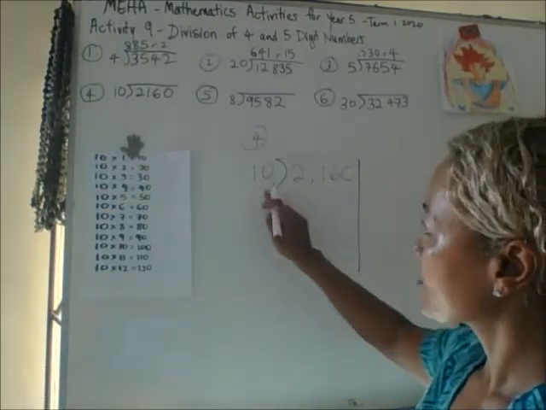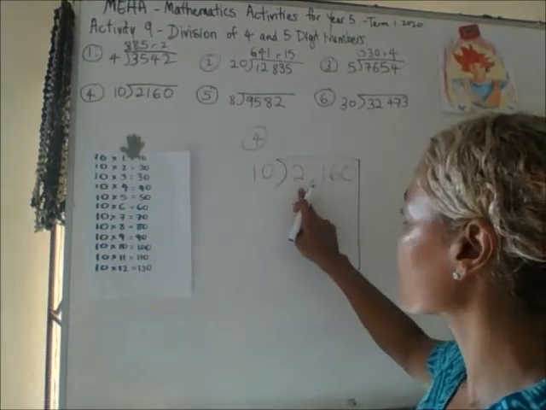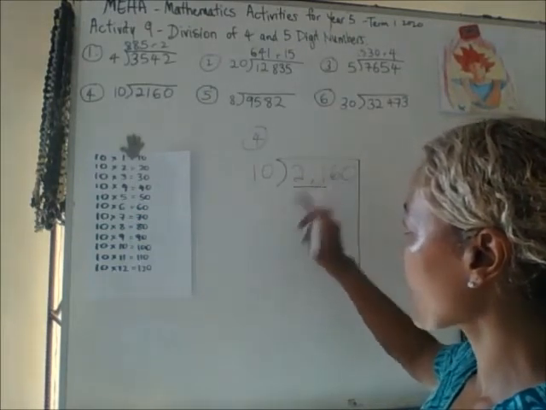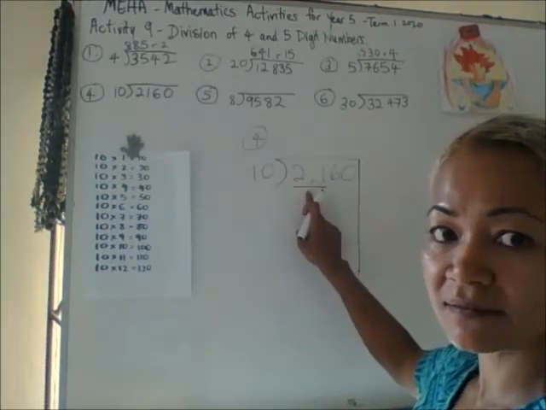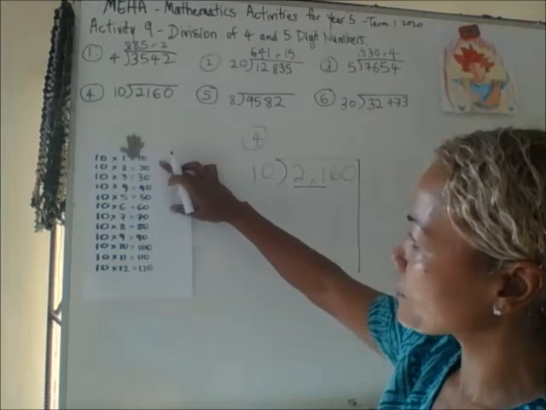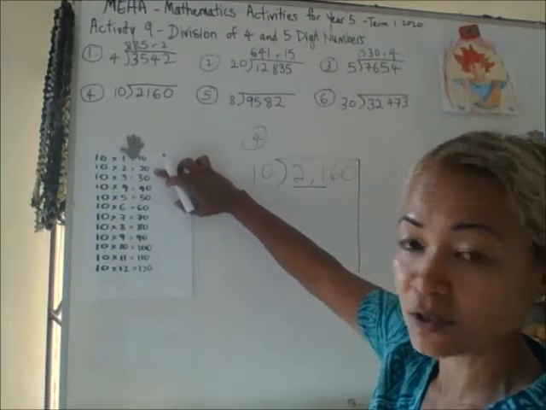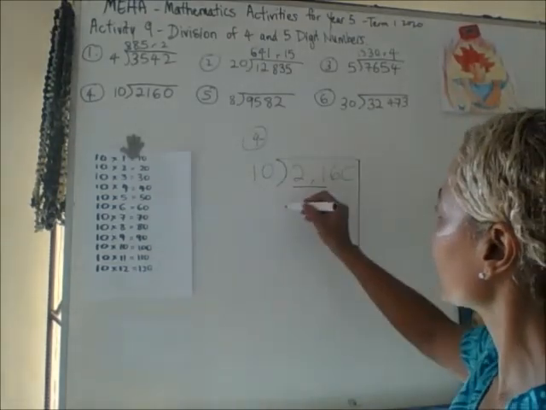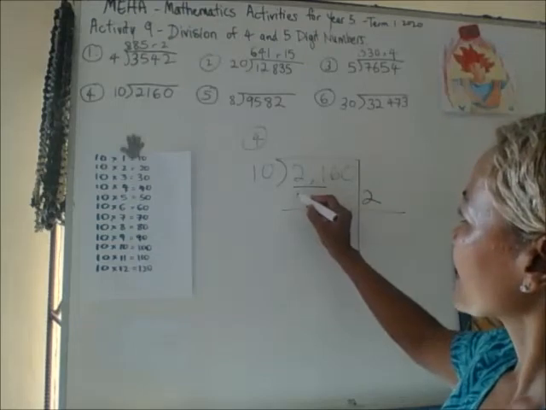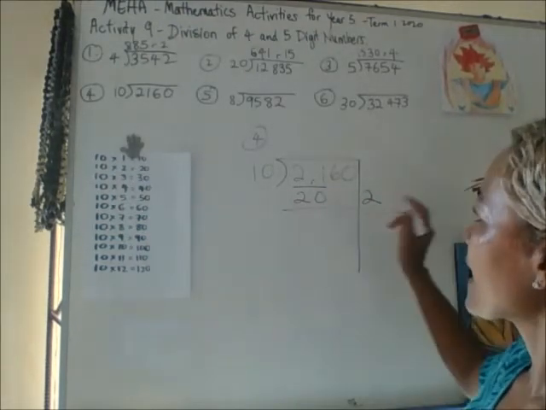Right. So first step, 10. Does 10 go into 2? No, it doesn't go into 2. 2 is too small. Maybe we can use 2 digits, the 2 and the 1. Does 10 go into 21? Yes. Let's see which one is closest to 21, but still slightly under. 10, yes, but 20 is even closer, right? 10 times 2 gives 20.